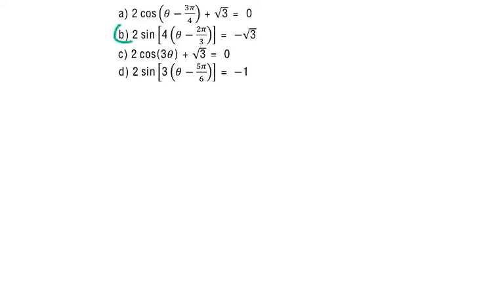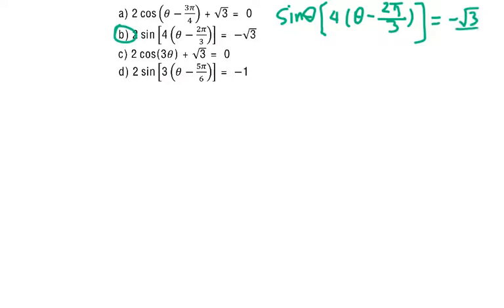Now let's go to B. Same thing, I just need to divide both sides by 2. And you will get sine of 4 times (theta minus 2 pi over 3) equal to negative square root of 3 over 2. Since I already got sine theta equals something, I directly go to the reference angle, which equals pi over 3.